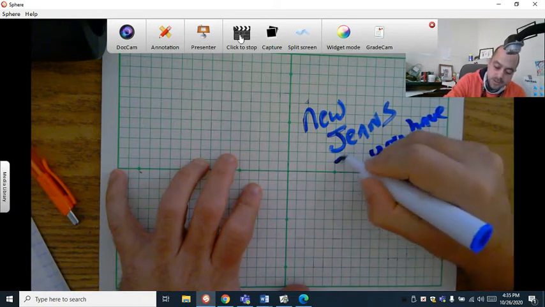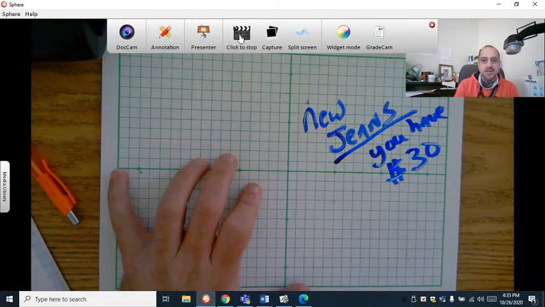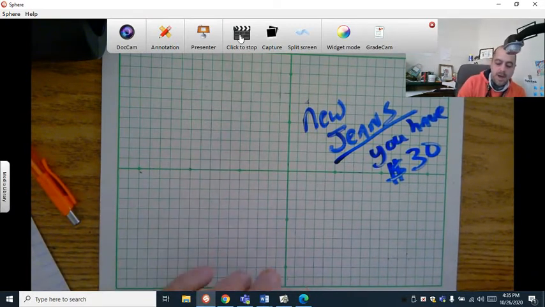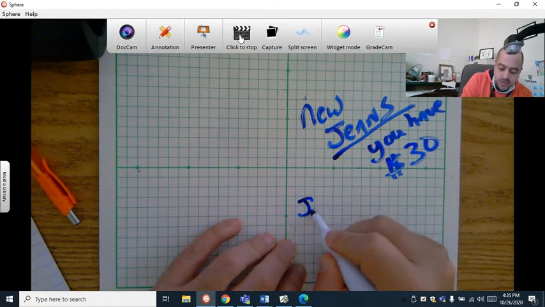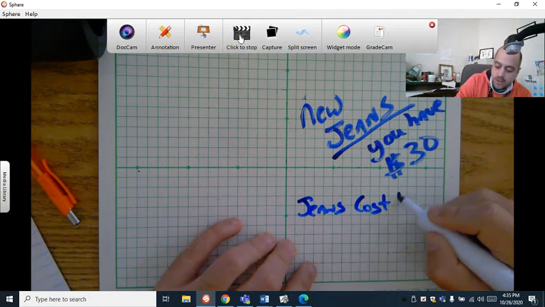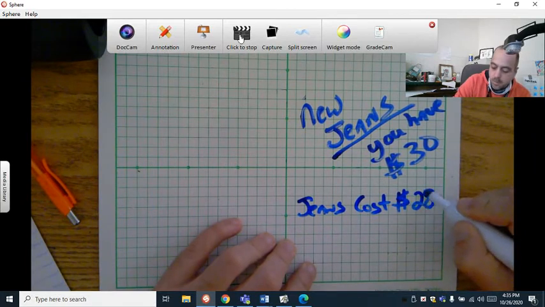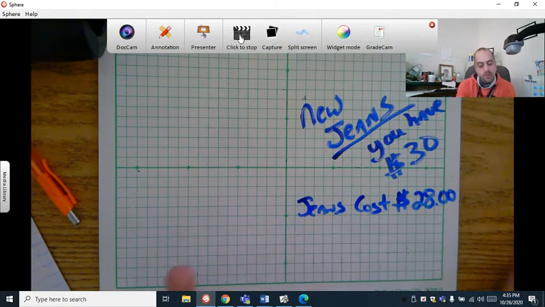You have $30, all right? And you see these awesome jeans you really want to buy, and the jeans cost $28. All right, they cost $28, so you should be good.